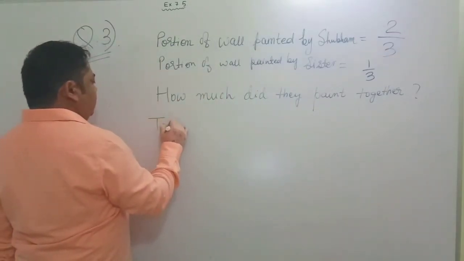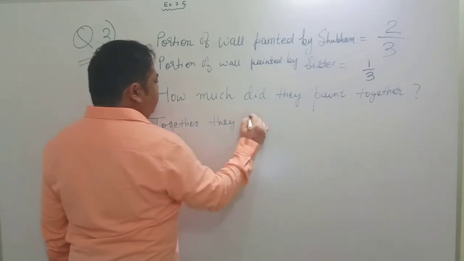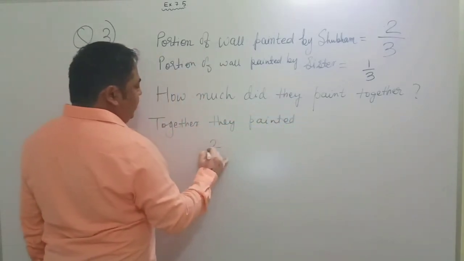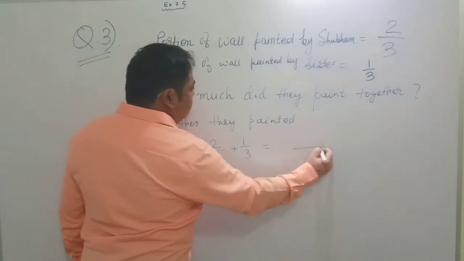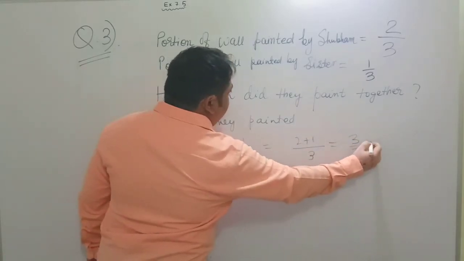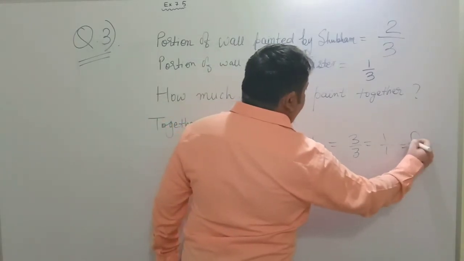Together they painted 2/3 plus 1/3 is equal to 3. 2 plus 1 equal to 3/3 equal to 1/1. That means the full portion of the wall.